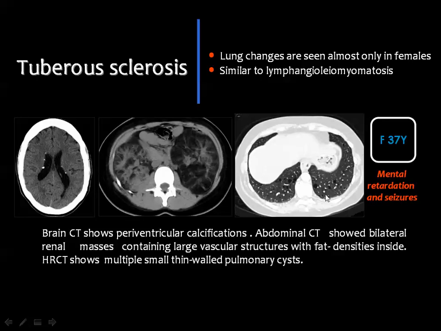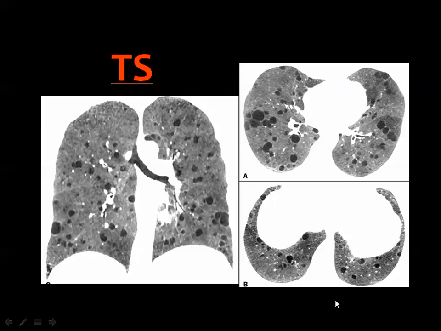In the chest, you see too many small cystic air-containing lesions, and in the abdomen, it is frequent to see the angiomyolipoma, either unilateral or bilateral.